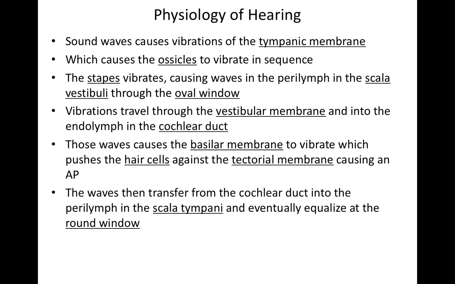It'll push way out into the middle ear, allowing a place for the waves to essentially die out. Just like waves on a beach, they run out of energy. The round window expanding out into the middle cavity is going to allow those waves to die out so that we're not continually activating the same thing over and over and over again.